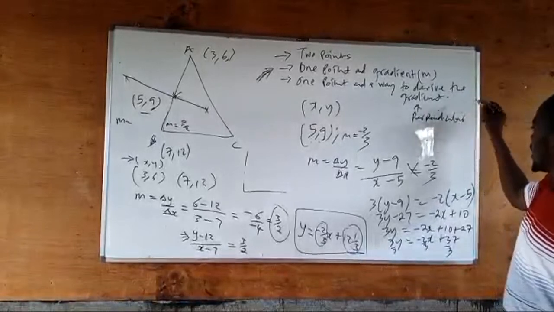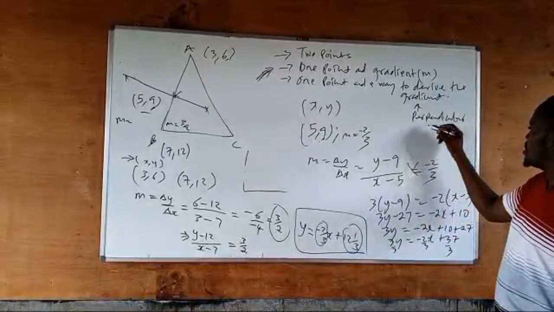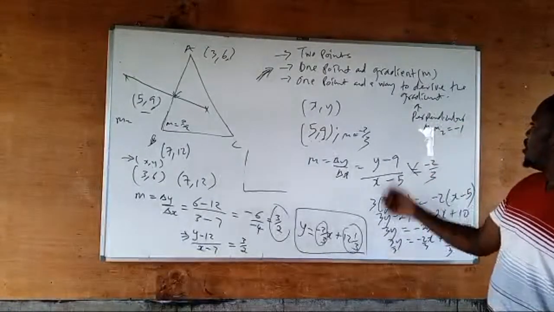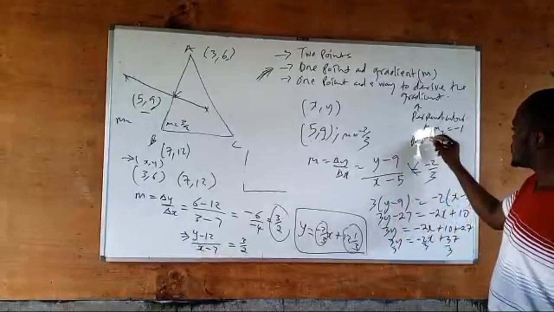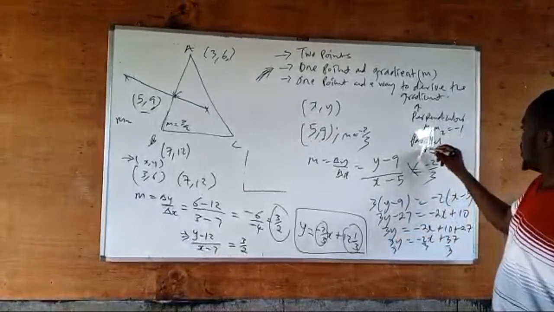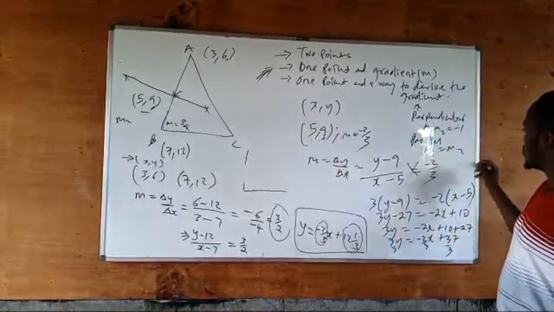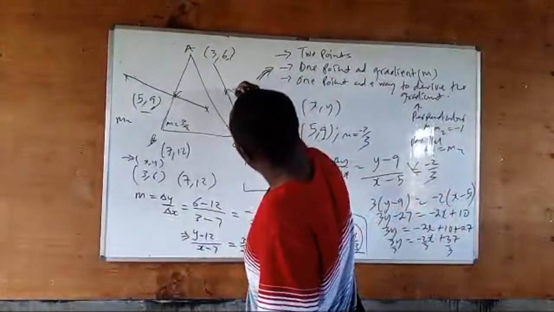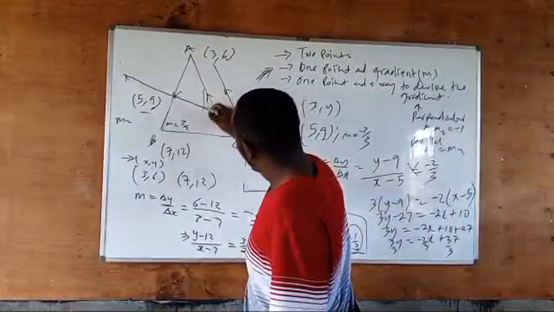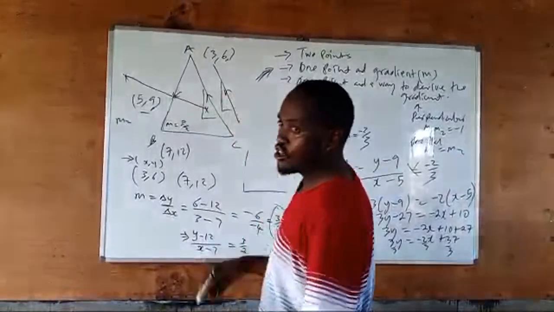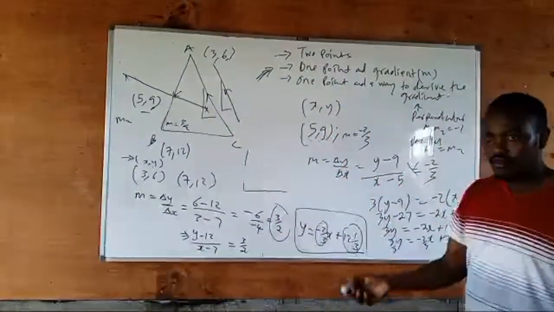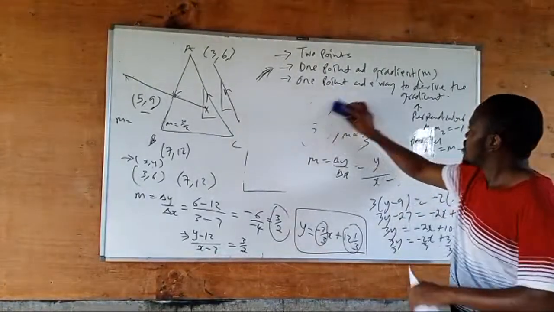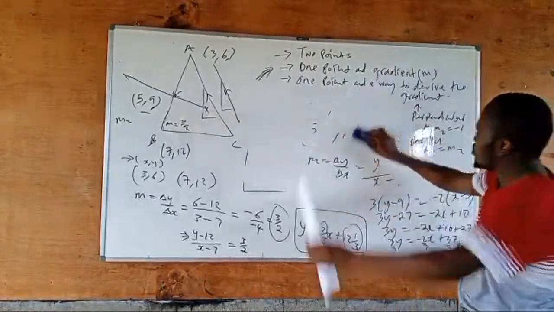You are given another line that is perpendicular to the line that you need, where m1 times m2 is equal to negative 1. Or where they are parallel. So m1 equals m2. We say if another line is parallel to this, the slope, tumesema gradient is slope. Slope is the same, so gradient is the same. m1 equals m2. So this is all you need to know about equation of a straight line.